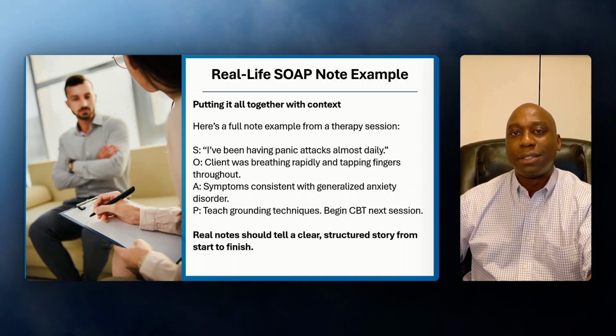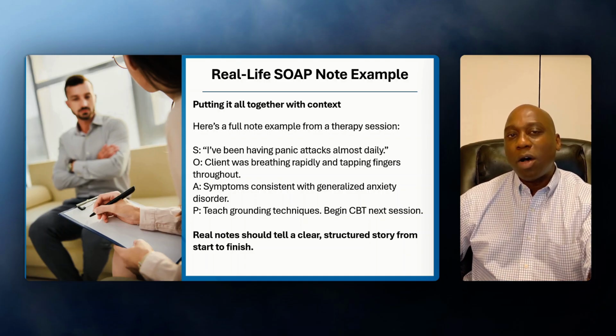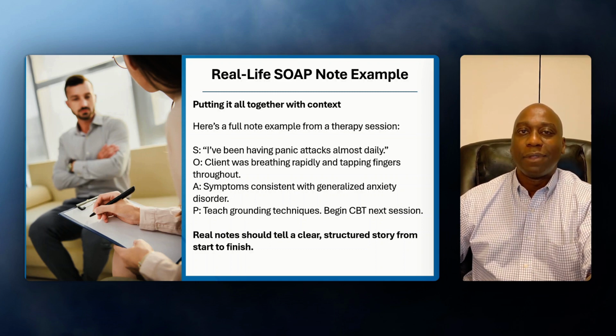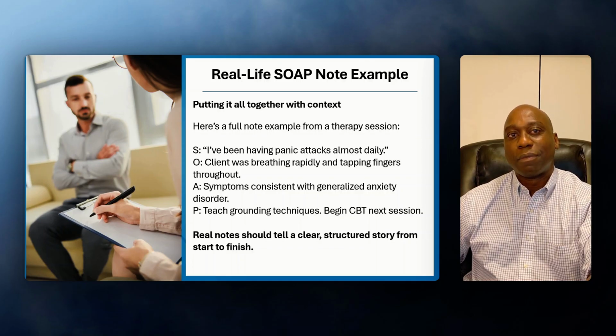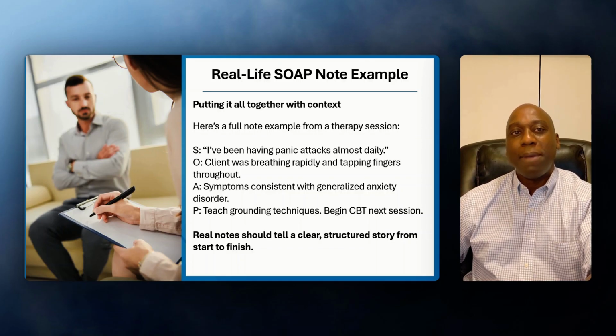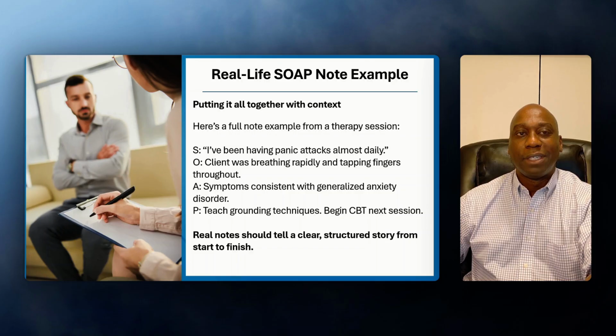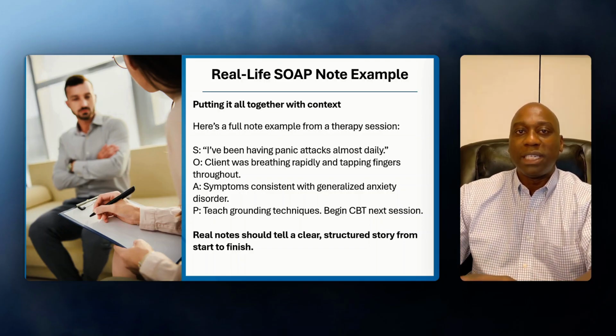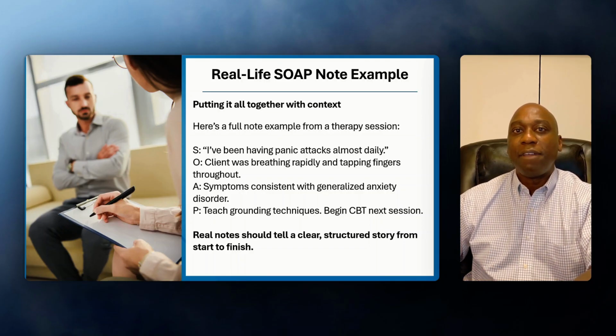Let us now tie everything together using this use case SOAP note example that I currently have on my screen. I would like all of you to just pause for a second and take a look at what you're looking at. Do you notice how it flows? Here's what I mean. The first bullet point, which is the subjective, you enter into the system or into a template: I've been having panic attacks almost daily.